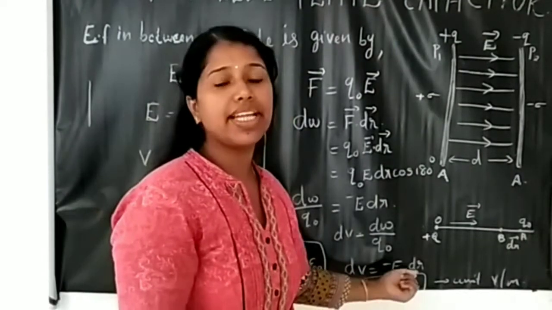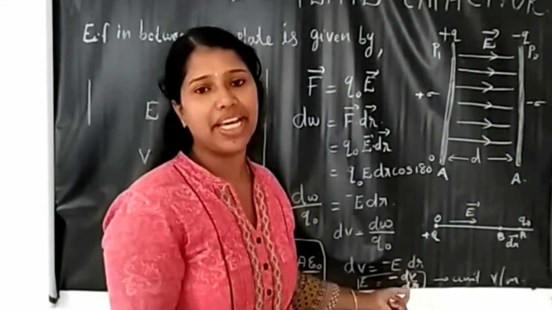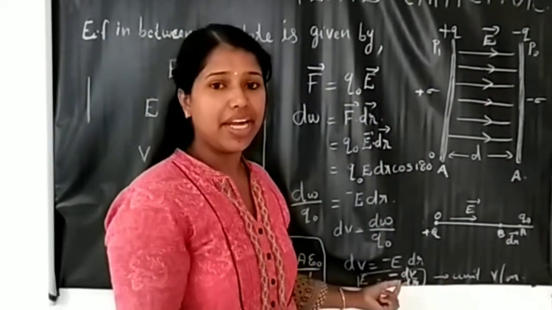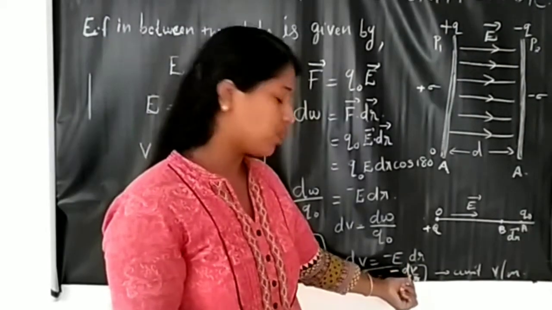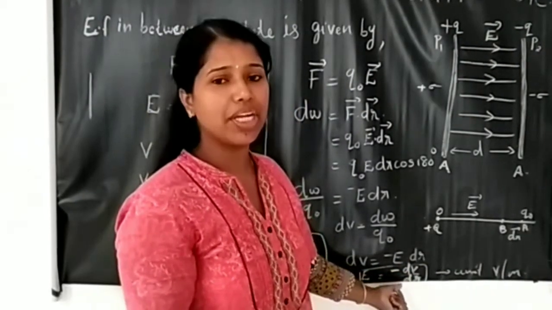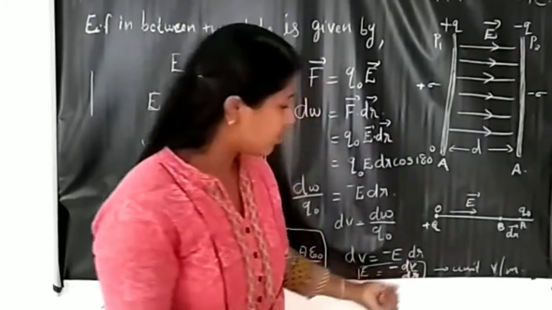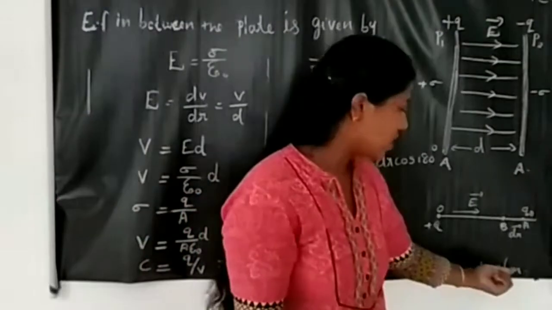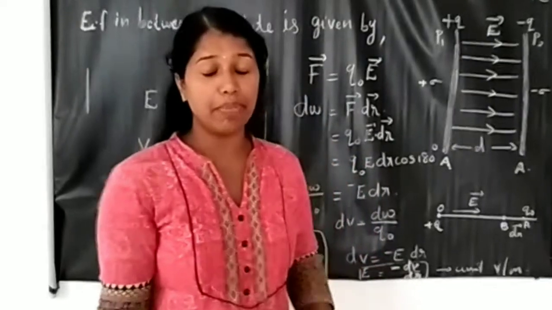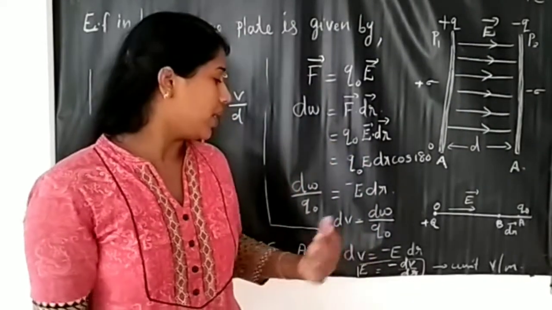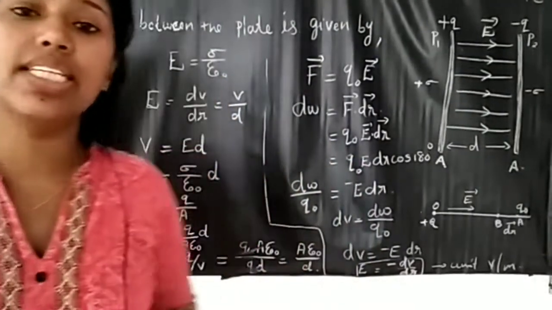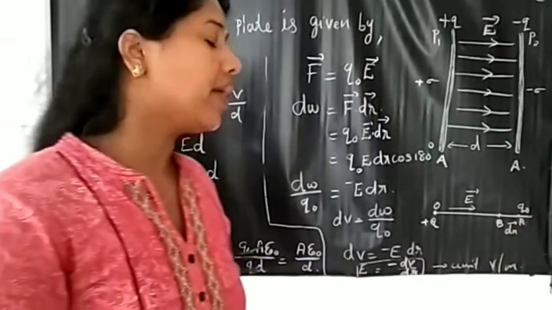This is called the potential gradient, potential with respect to distance, dV by dr. The potential unit is volt and the distance unit is meter, so the unit of potential gradient is volt per meter.